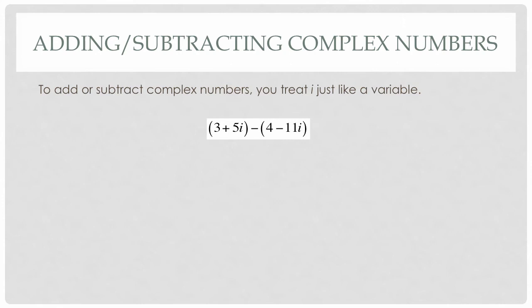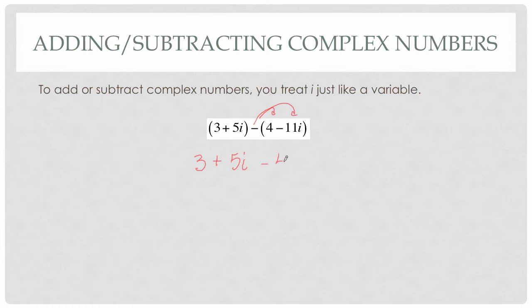We like that, right? Let's do a subtraction problem. I'm going to take (3 + 5i) - (4 - 11i). Subtraction, we actually kind of know already how to do this, right? I'm going to rewrite it without parentheses, 3 + 5i, and I'm subtracting all of this. I got to distribute my negative.